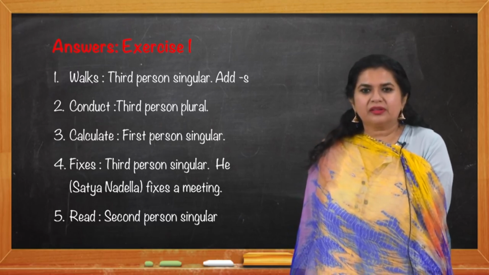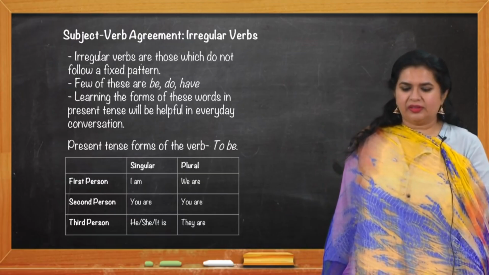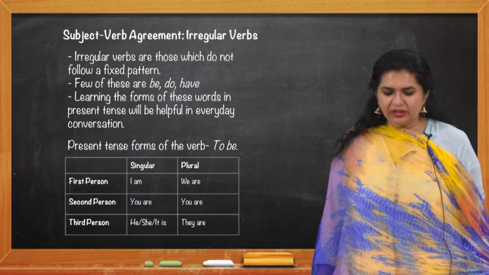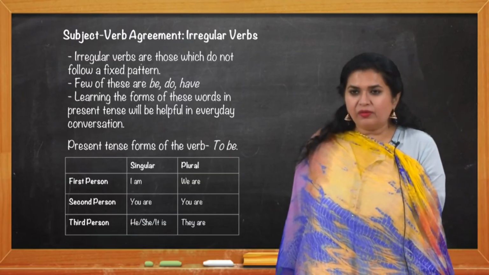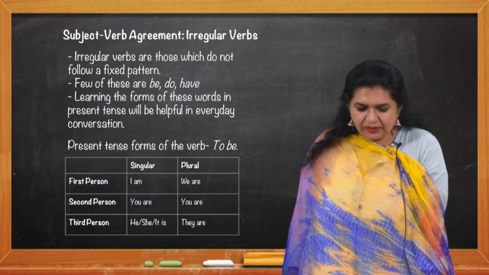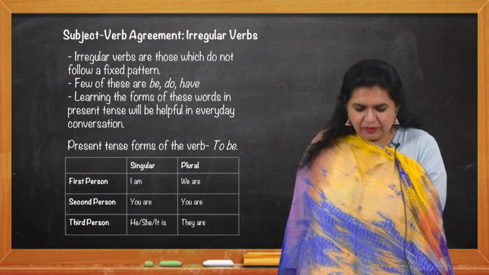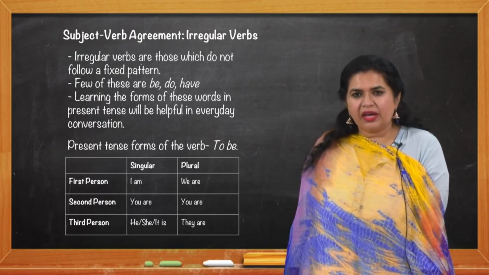Subject-verb agreement. Now, let us look at this rule or convention, subject-verb agreement, and what happens with irregular verbs. Irregular verbs are those which do not follow a fixed pattern. For example, be, do, have.